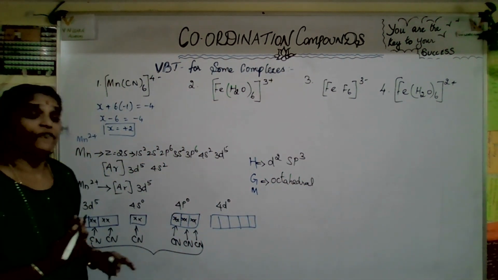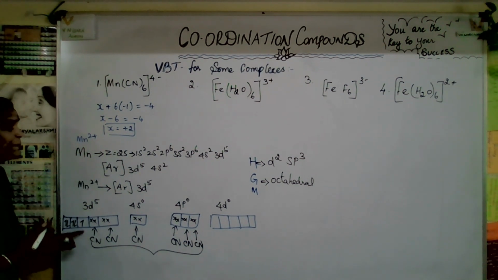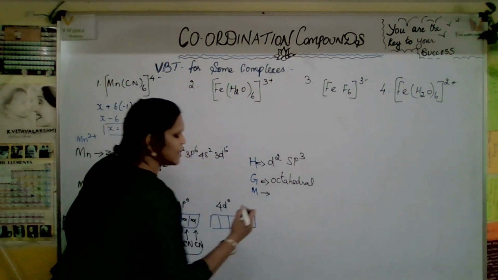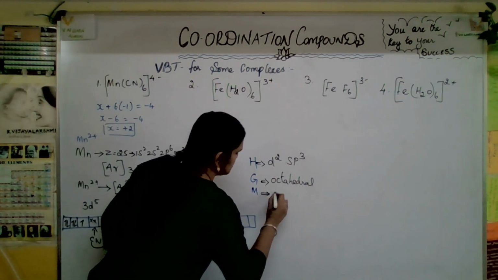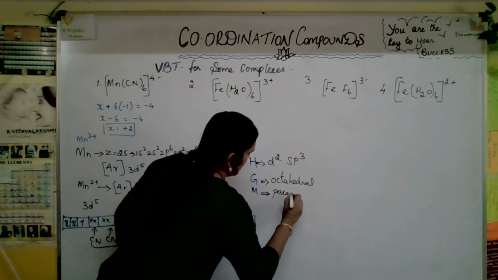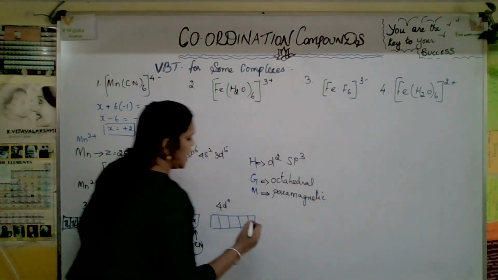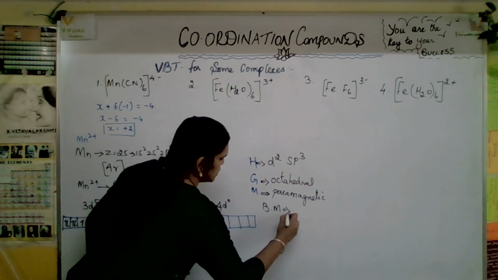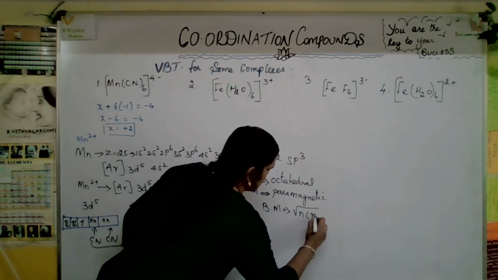Right. Now next one, magnetic property. How many unpaired electrons are there? Here one unpaired electron is available. One unpaired electron means naturally it is paramagnetic. And the magnetic moment in BM is root of n into n plus 2.